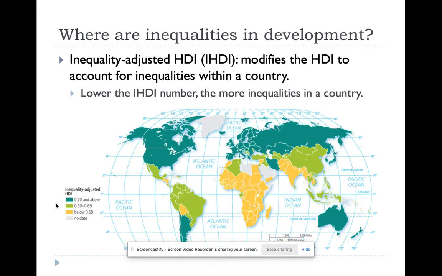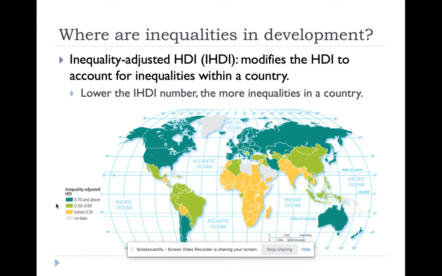All right. So we've only talked about a country to country comparison. But if we're looking at inequality adjustments, right, it modifies HDI to account for inequalities within a country. So think of that, right, when we go back to what our mean is, in terms of GDP per capita or something along those lines, or GNI per capita.